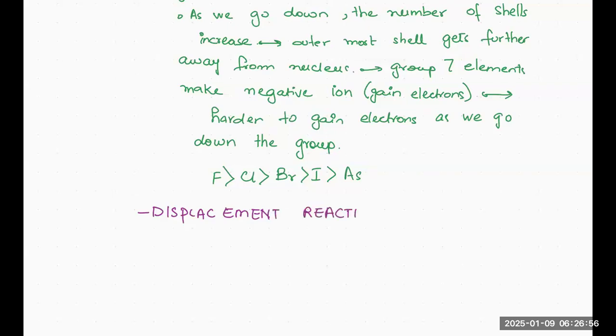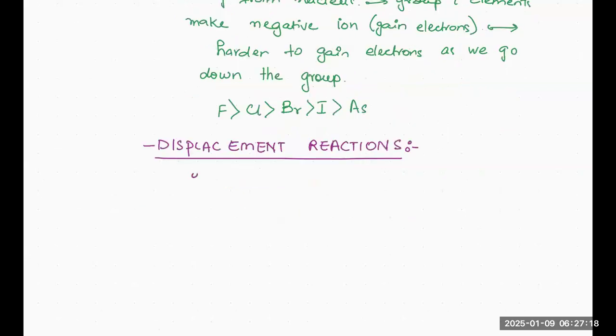Displacement reactions for the halogens are quite similar to what we had done for our metals as well, right? So what is going to happen is this: a more reactive halogen can displace a less reactive halogen from its compound.